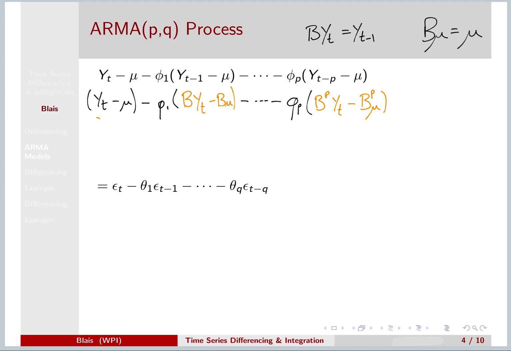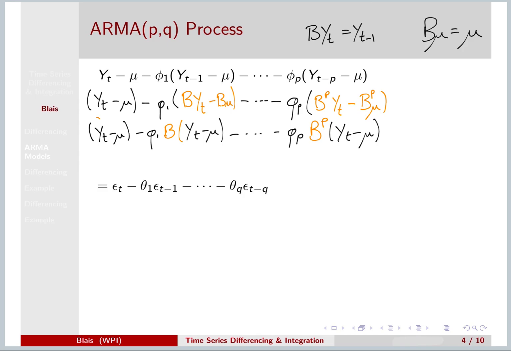And so what will remain here will be y_t minus mu minus phi_1, and let's bring that B out. And what's left in here is y_t minus mu. For this term, we can factor out a B to the p term. And what remains? y_t minus mu.